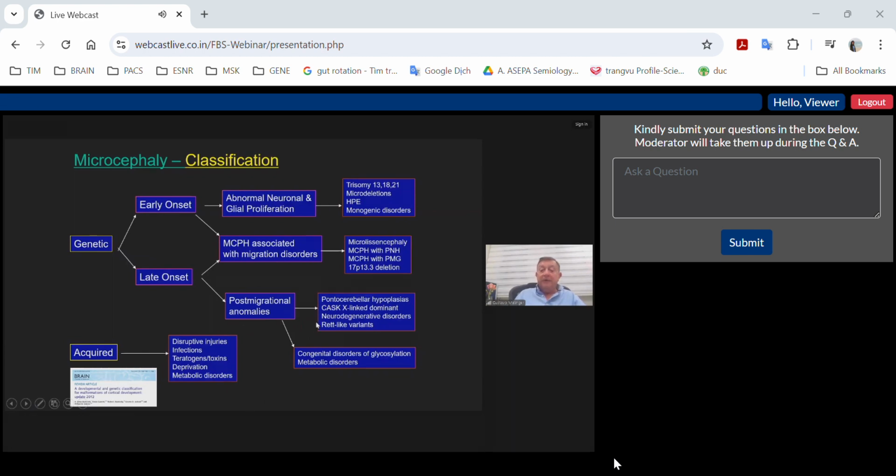Late onset post-migrational is rarely diagnosed in pregnancy, and here you can have the pontocerebellar hypoplasias, X-linked disorders, neurodegenerative disorders, and Rett-like variants, and again post-migrational that are extremely rare and rarely diagnosed in pregnancy are congenital.